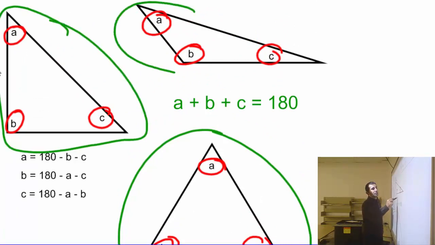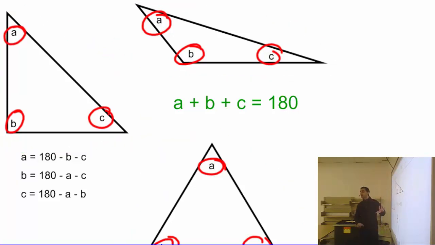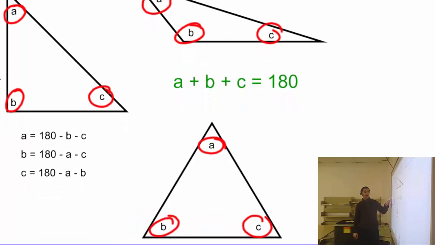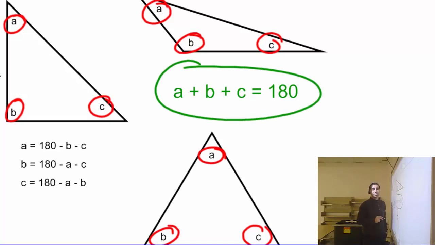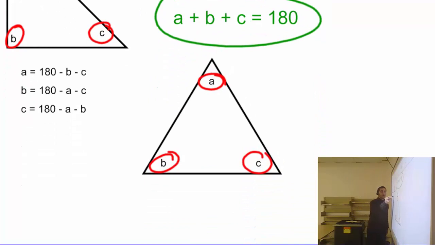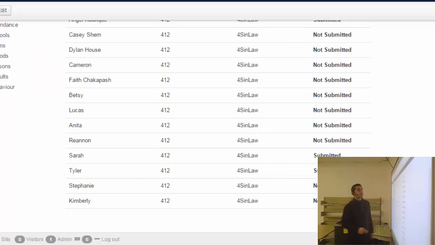This triangle is obtuse, but you don't have to know. All you have to know, when you have a triangle, when you add the three angles, you will always get 180. This information is useful when you know two of them, you subtract from 180 to get the third one. So with every single question you have in front of you, you will apply this rule. And here is another demonstration I have from this website.